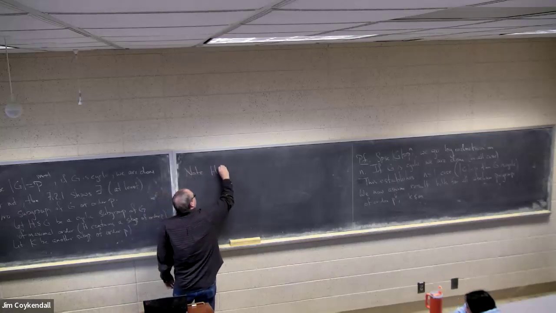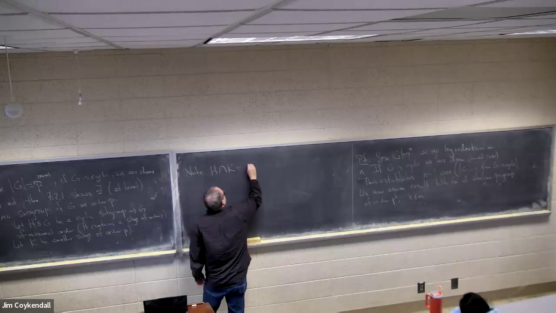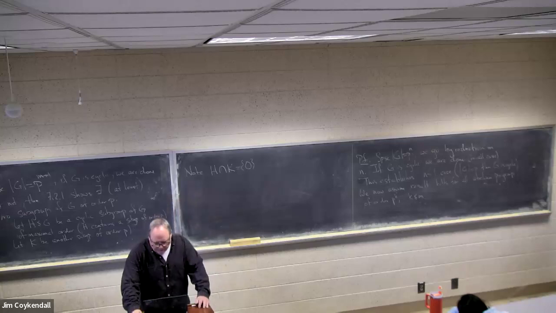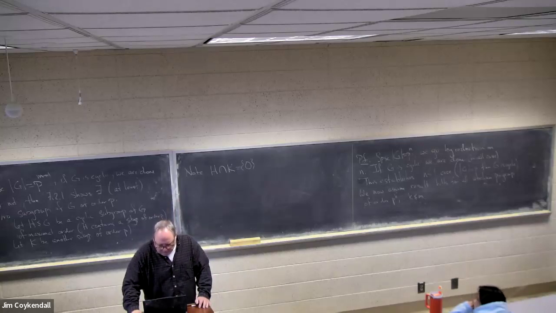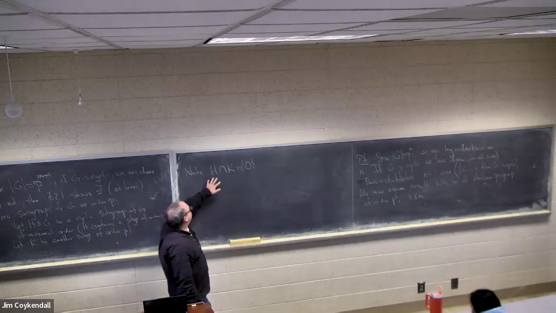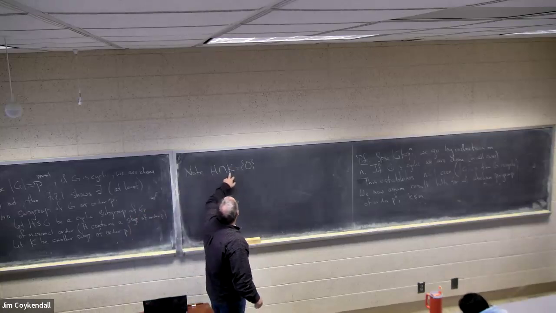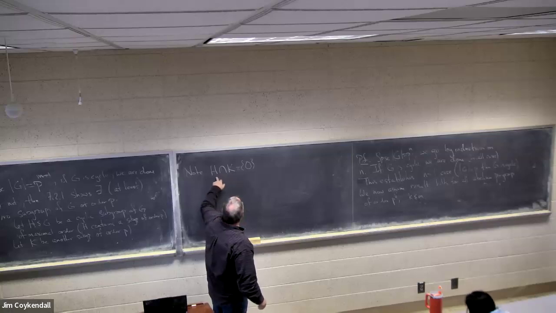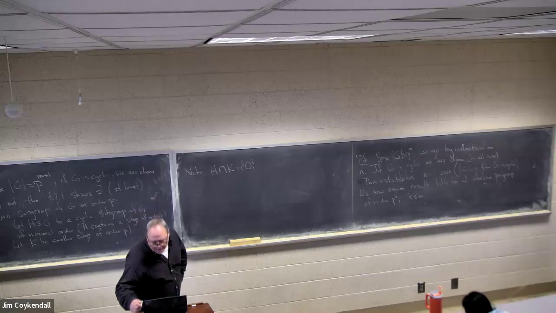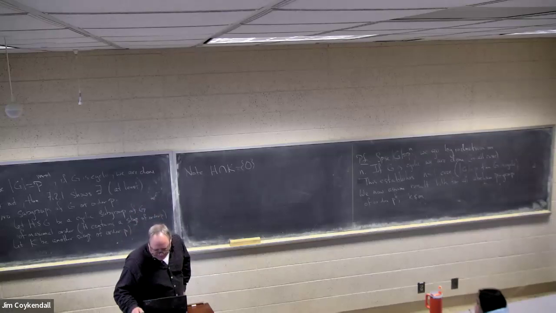Now, H intersect K must be zero, because if that's not the case, that means K is contained in H. So that's cyclic of order p, and it would have to coincide with the subgroup of order p. So it must be the case that H intersect K is zero.